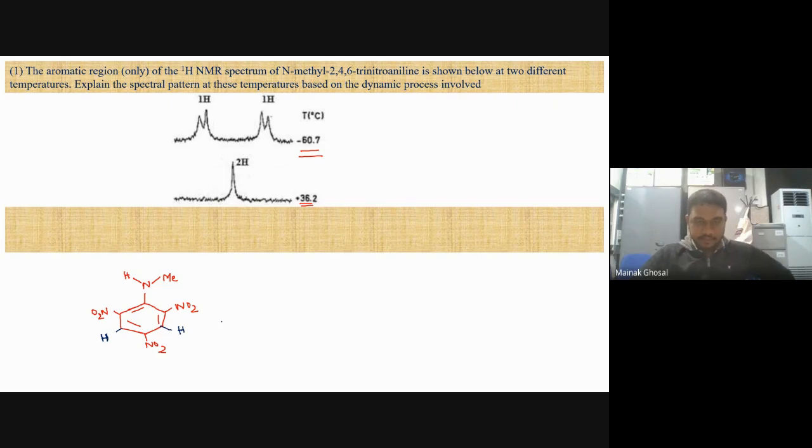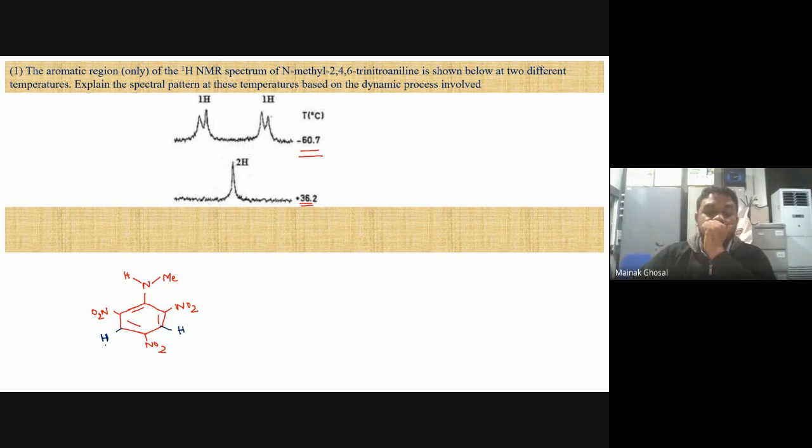You are seeing an AB quartet at low temperature. This is an example of variable temperature NMR. At a higher temperature or room temperature, the transition of the protons between these two positions is faster, so we get a singlet, because we are not able to detect the transitions; it is very fast.